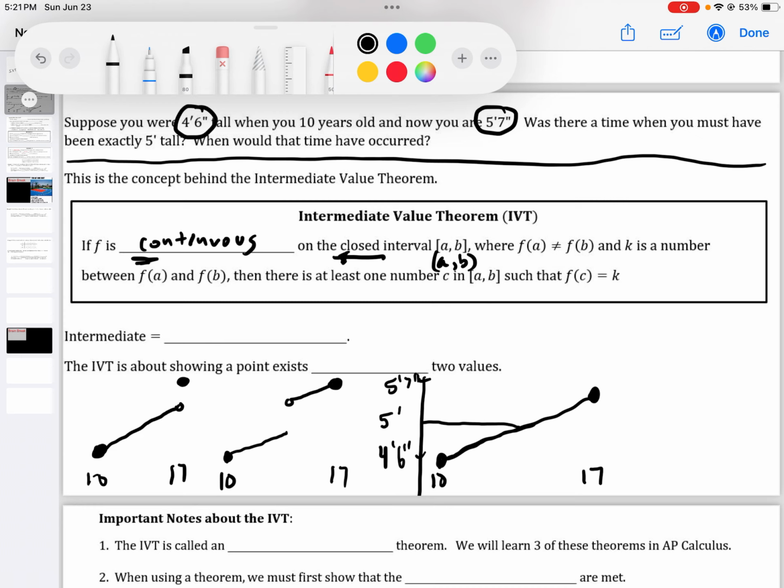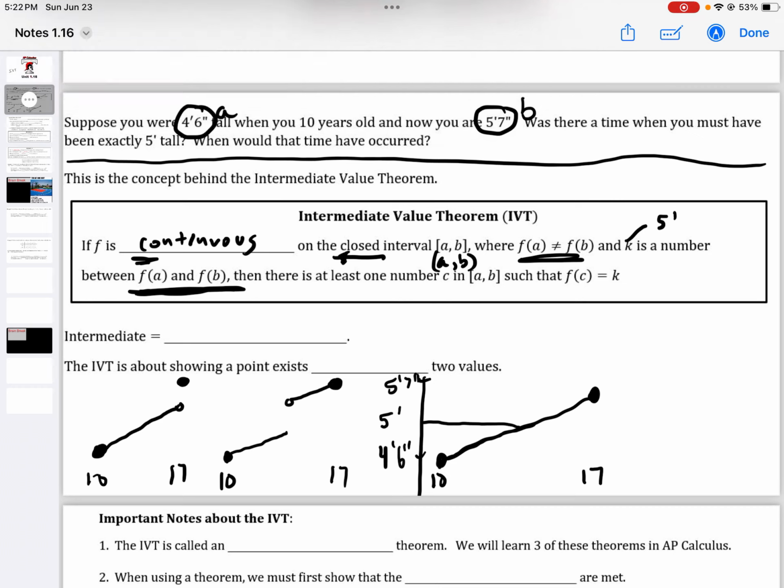So if f is continuous on the closed interval [a, b], where the y values at the endpoints are not equal to each other, and k is some number, a y number, an output, in between. In this case, our k would have been 5 feet. Our a was 4'6", our b was 5'7", our k is 5 feet. So k is in between those endpoints.